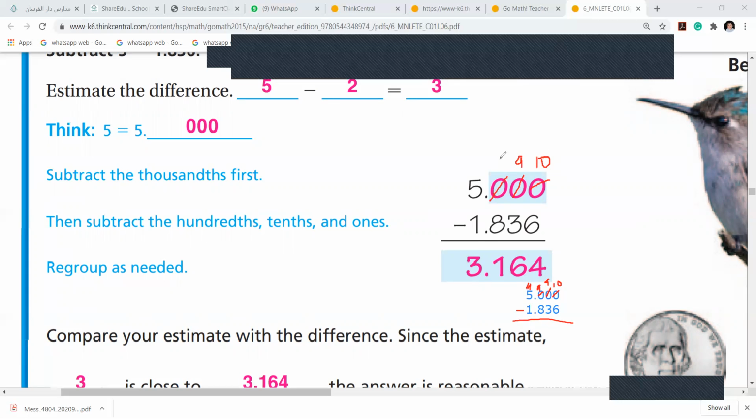Again, here this becomes 9, and this one will become 4. Finish. This is how you solve it. Copy. Did you finish writing, girls? All right, I need to erase this.